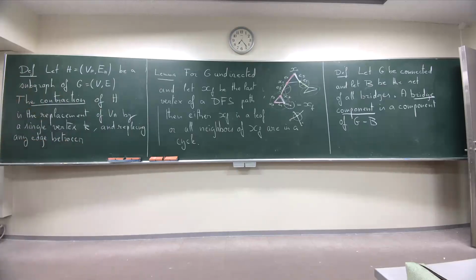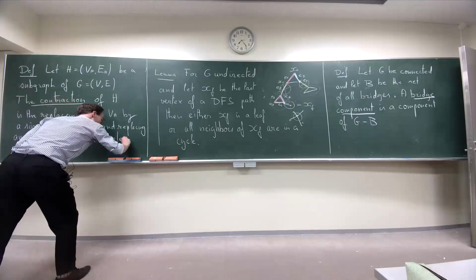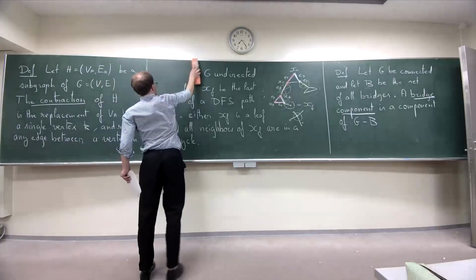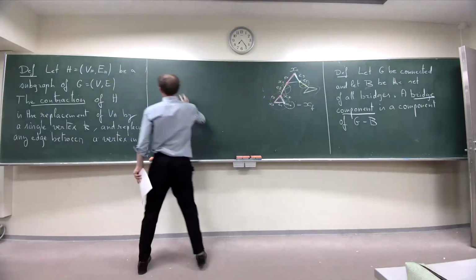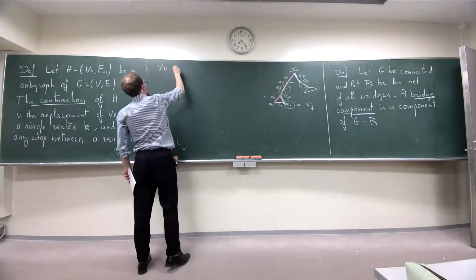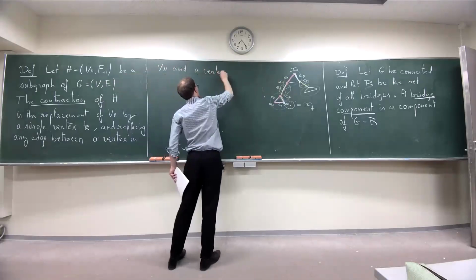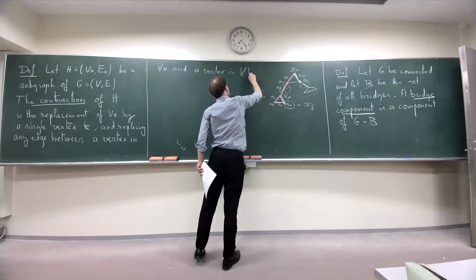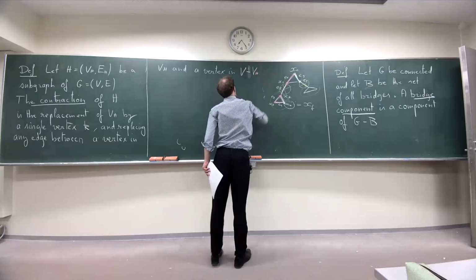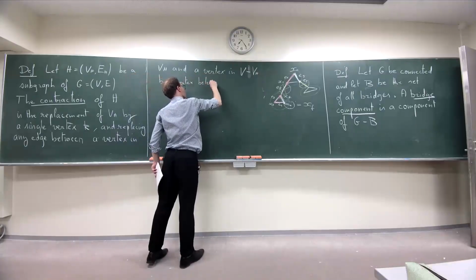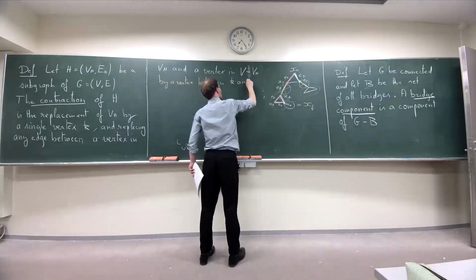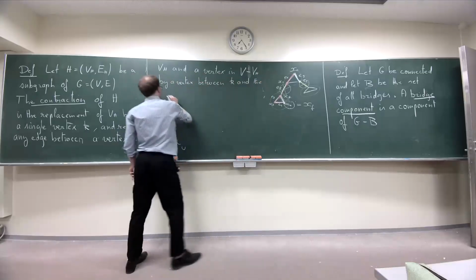So I replace all vertices by one, but for edges, I need to be careful on replacing any edge between a vertex in VH and a vertex in V minus VH by an edge between K and the endpoint.